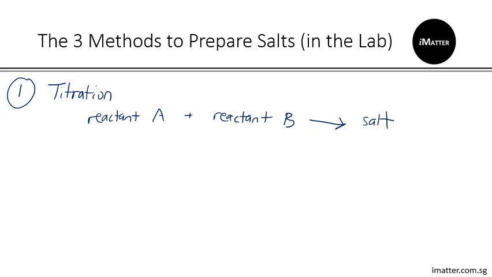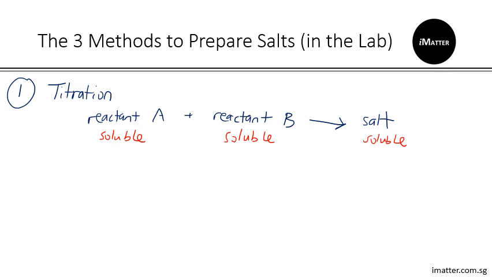Note that here I use the terms reactant A plus reactant B. I did not mention which reaction you are using. Remember our four reactions as given earlier? It can be any one of them, provided reactant A is soluble in water, so is reactant B, and so is your salt. In this case, all your reactants and products are soluble in water.